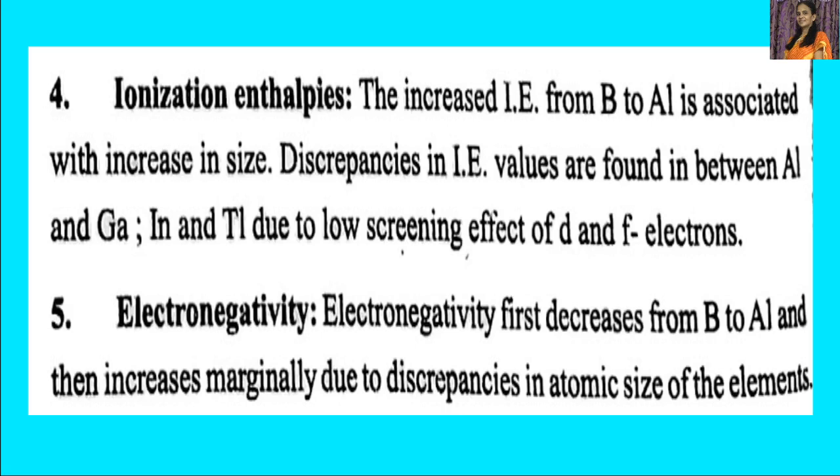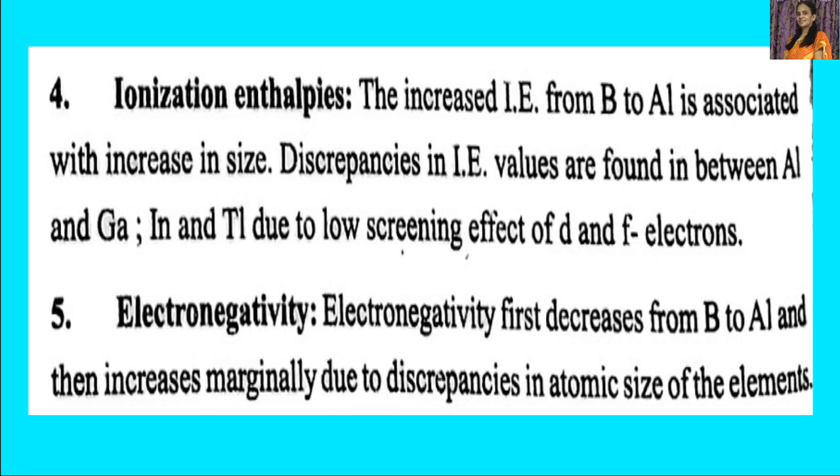Actually, as we move down the group, ionization enthalpy should decrease. But here and there discrepancies are present due to various reasons. If we consider aluminium and gallium, there is a difference in size, and because of that the ionization enthalpies also change from the trend.